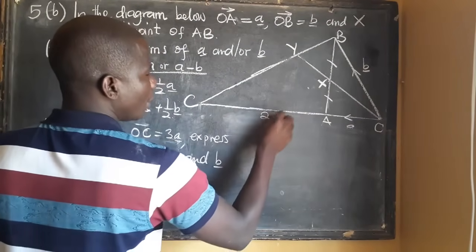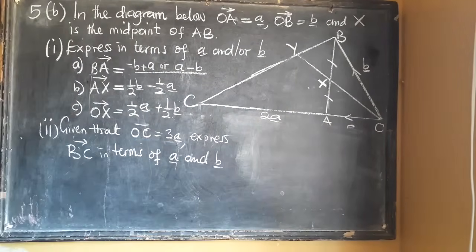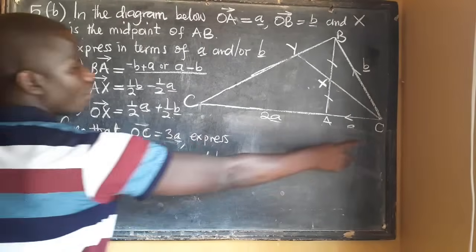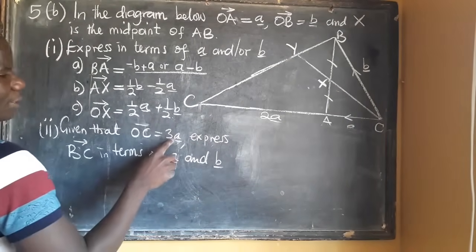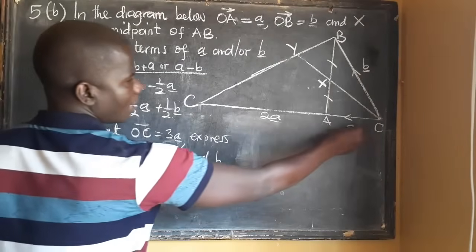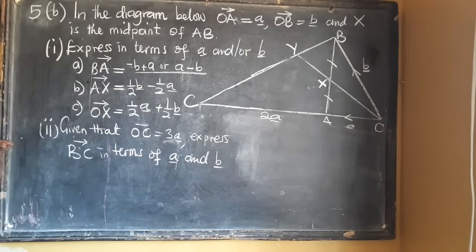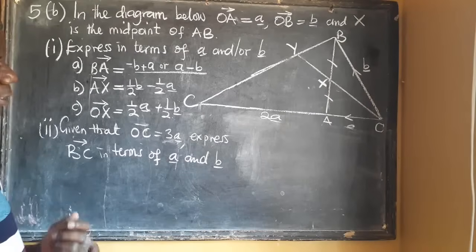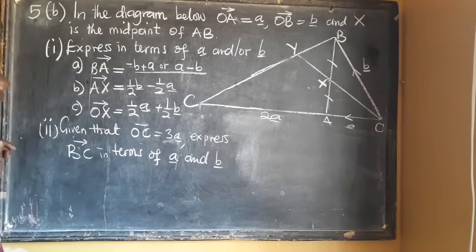So this remaining part here is 2A, because we are told that from O to C is supposed to be 3A. We already have an A here, so the remaining part is going to be taken by 2A.